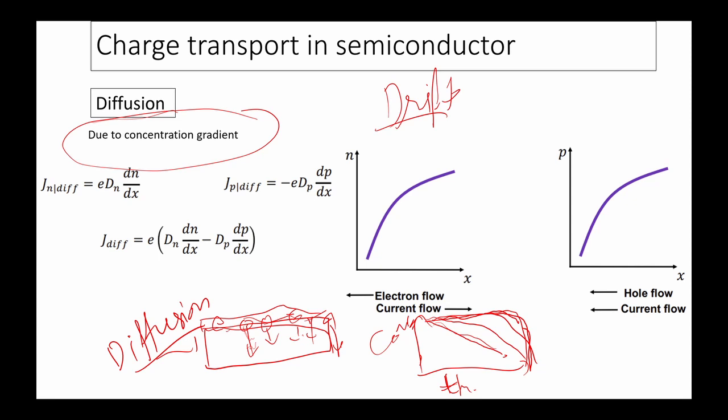Say there is a concentration of 10 raised to power 15 of this atom. This much concentration will dope the whole semiconductor if you give sufficient time.